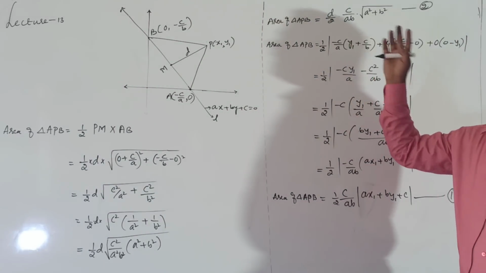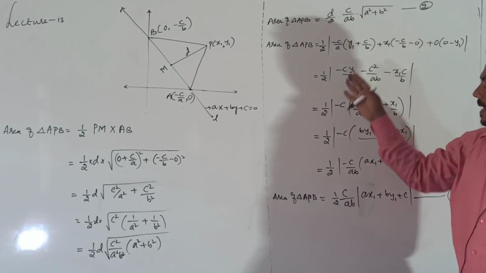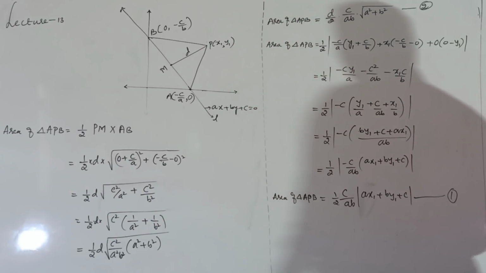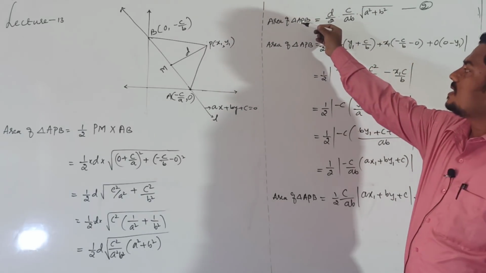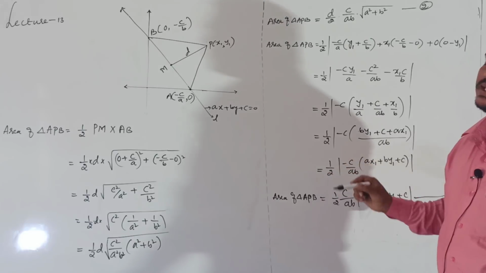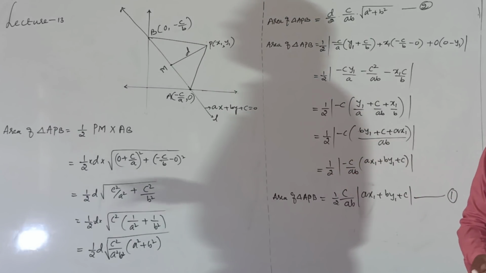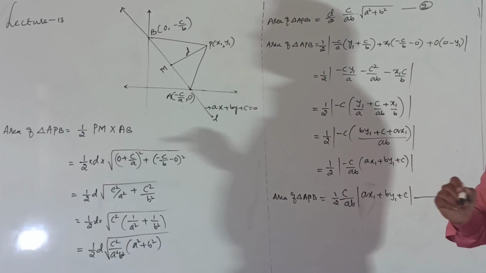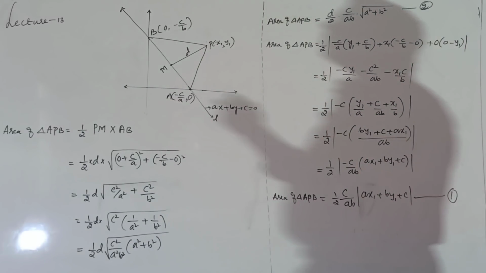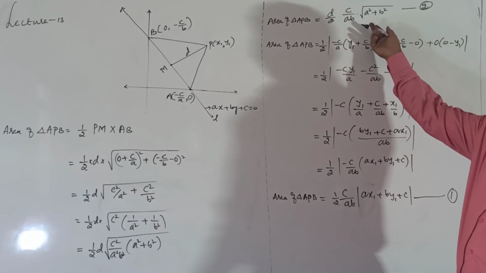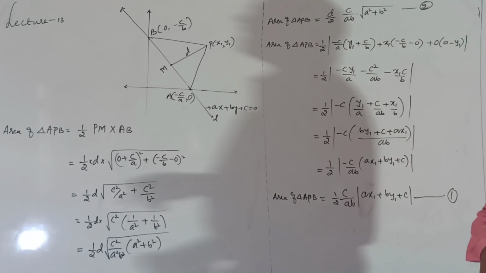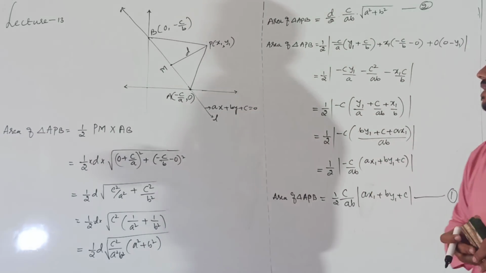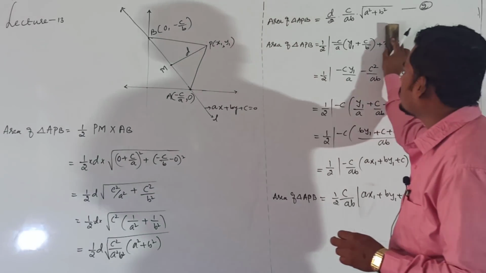Look at equation number 1 and 2. Clearly equation number 1 and equation number 2 represent area of the triangle APB. Clearly LHS are equal means RHS are also equal. From 1 and 2, clearly 1 is equal to 2. Equation number 1 is equal to equation number 2, right?